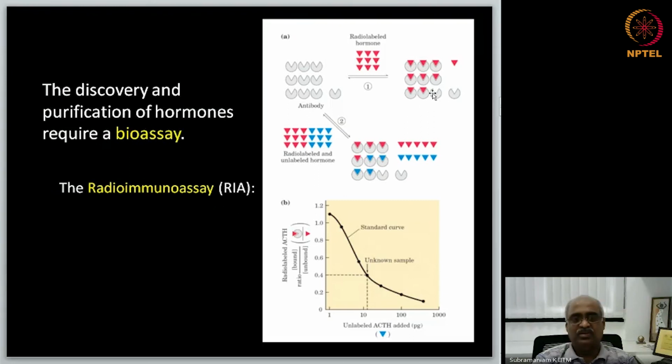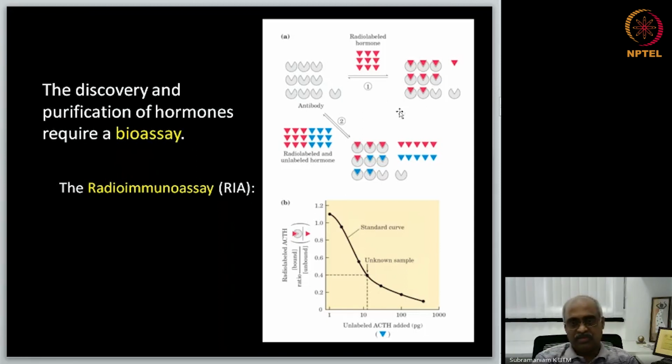So when you mix these two, you will have bound hormone as well as free hormone. How much will be bound and how much will remain free depends on the concentration of the antibody used and the affinity between the two. If the affinity is very high, meaning the dissociation constant KD is extremely low, then at extremely low concentration itself they will readily bind.